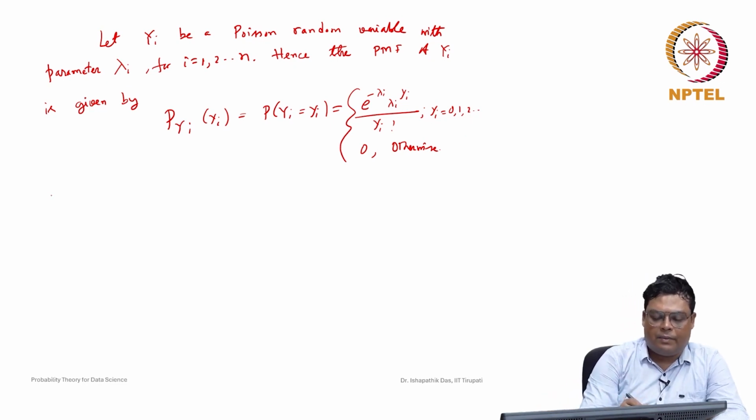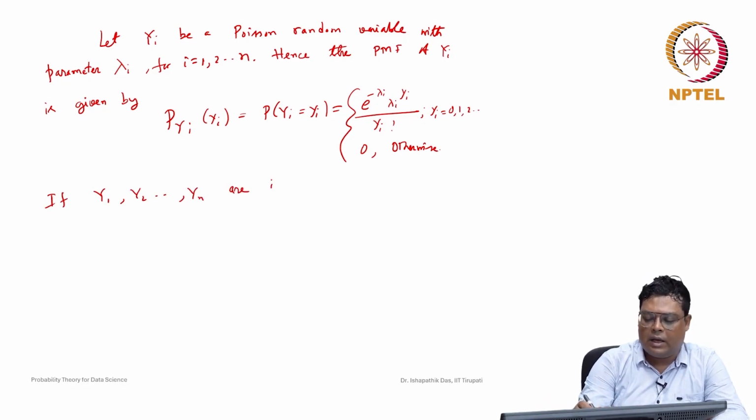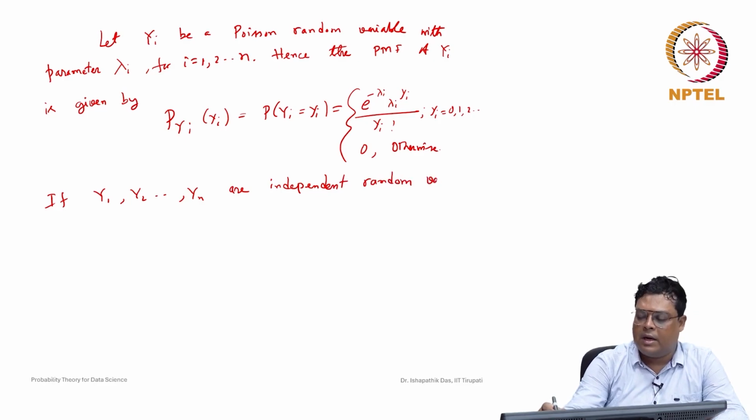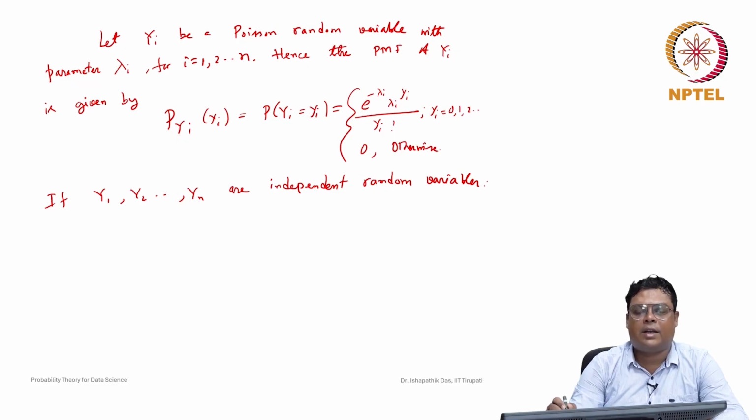Now, if y1, y2, yn are independent random variables, and basically here we are assuming that they are independent, then we can find the joint probability mass function. If they are not independent, then we cannot find their joint probability mass function in this way.